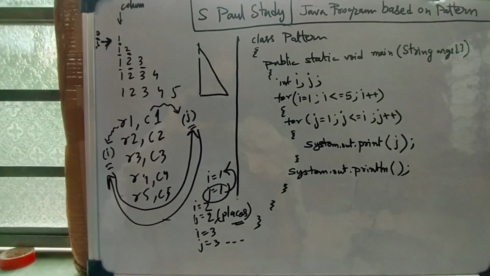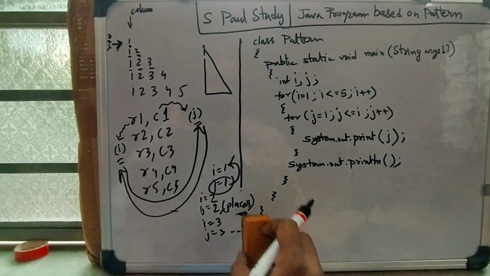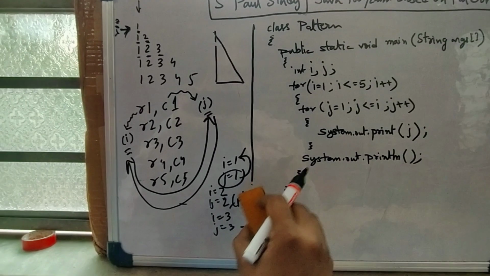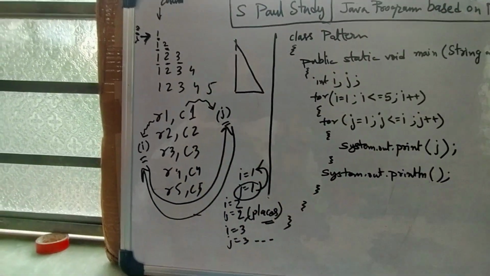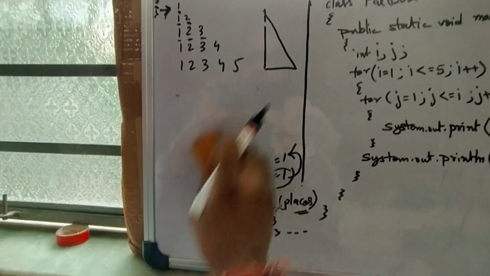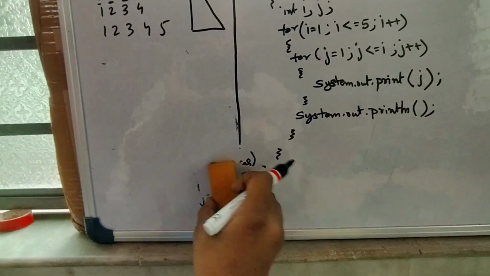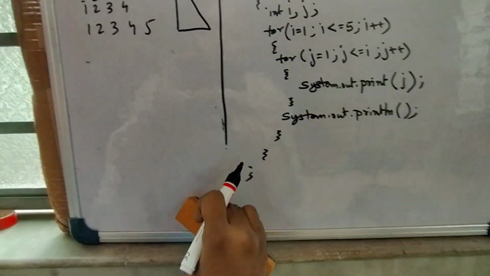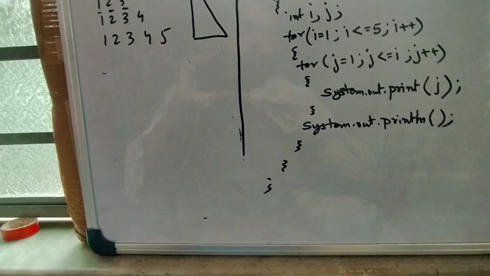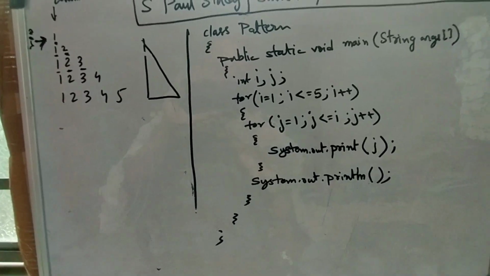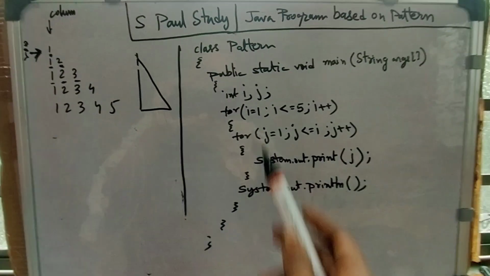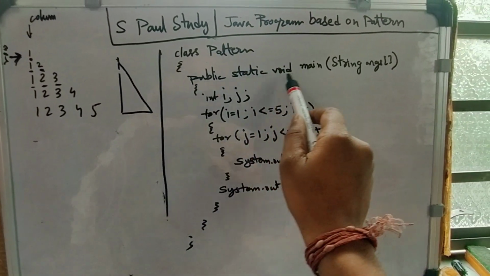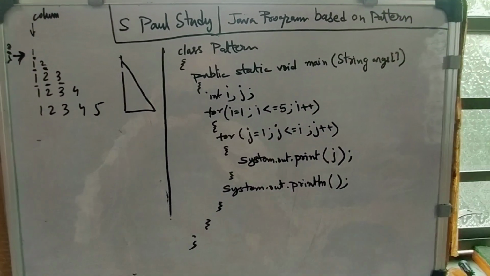So let's discuss the program, and hope you will understand it. First, class Pattern. Then public static void main, String args.